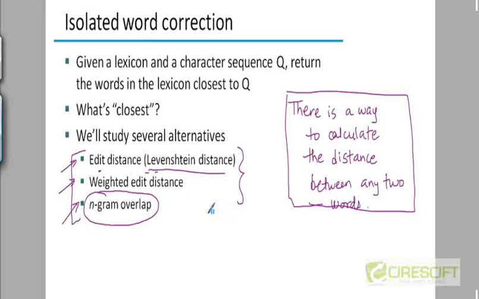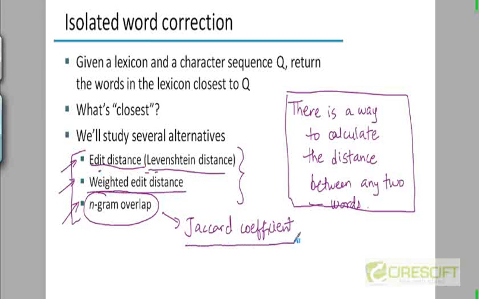So forget about edit distance when thinking about this sort of k-gram overlap. We are trying to define an alternative distance measure. So it's edit distance, weighted edit distance, and Jaccard coefficient.